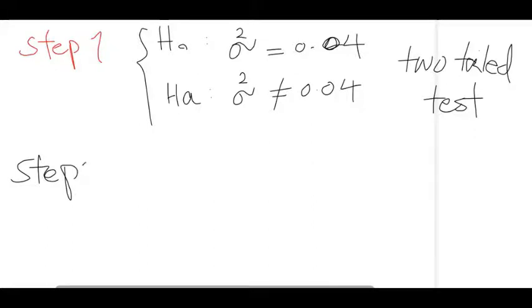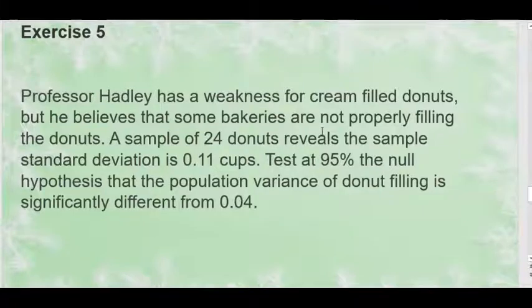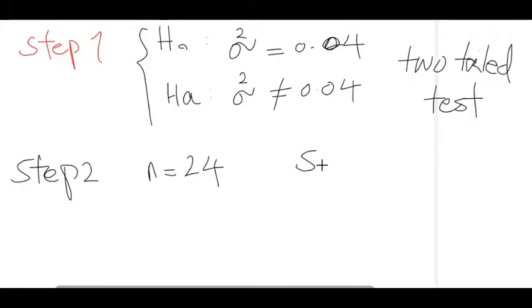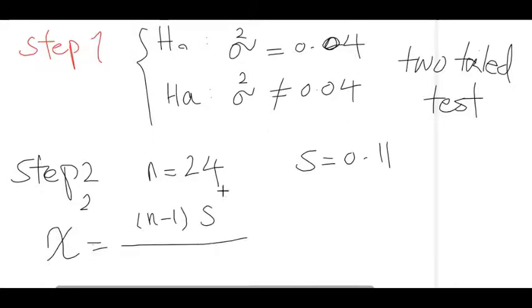In step 2, we have 24 donuts, so sample size is 24, and the sample standard deviation is 0.11. So the standard deviation from sample, it means S is 0.11. So the test statistics is the chi-square one. It's n minus 1 times S squared divided by sigma squared.